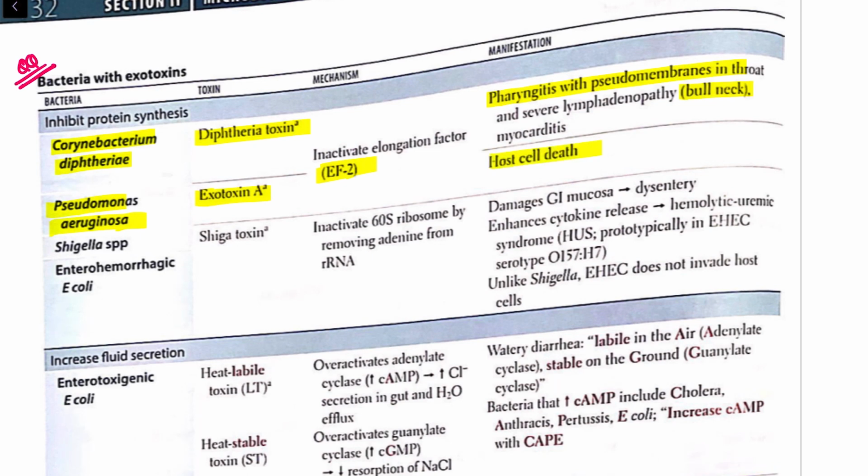Next is Shiga toxin, that is Shiga toxin, and the EHEC E. coli. These two inactivate the 60S ribosome by removing adenine from the rRNA. That leads to damage of the GI mucosa and dysentery, and it also enhances cytokine release, leading to hemolytic uremic syndrome, especially with EHEC O157:H7. Right? Remember, EHEC does not invade the host cell, but Shigella invades the host cell.